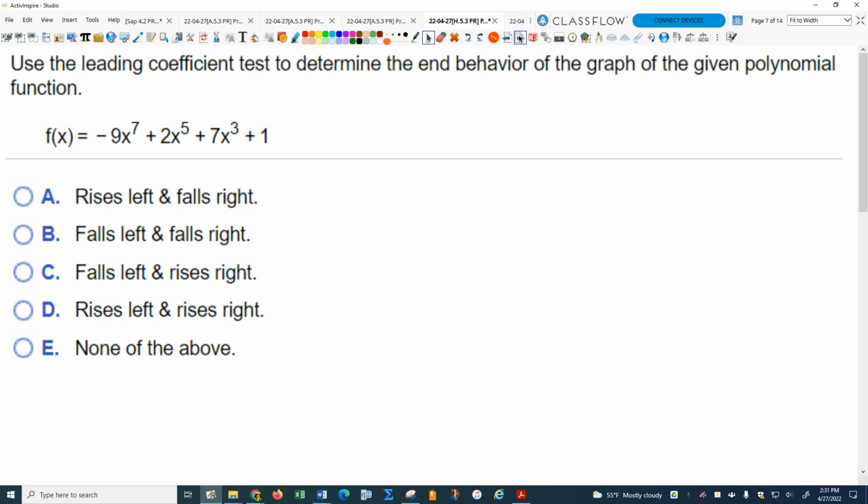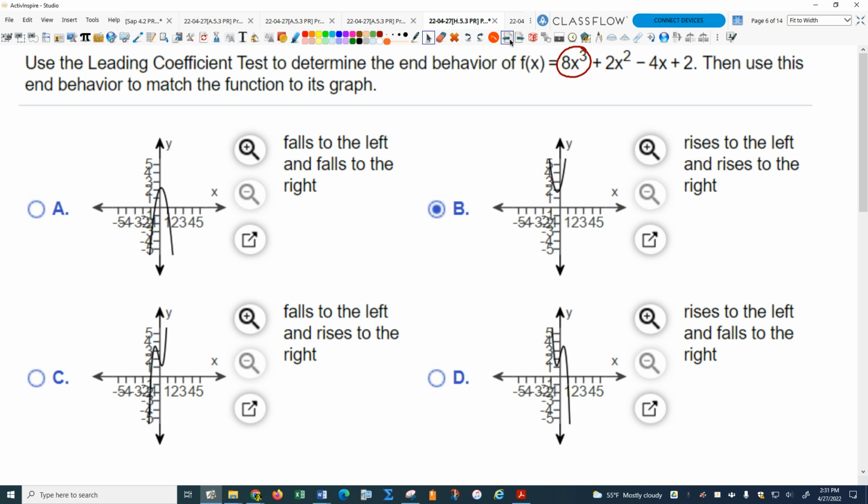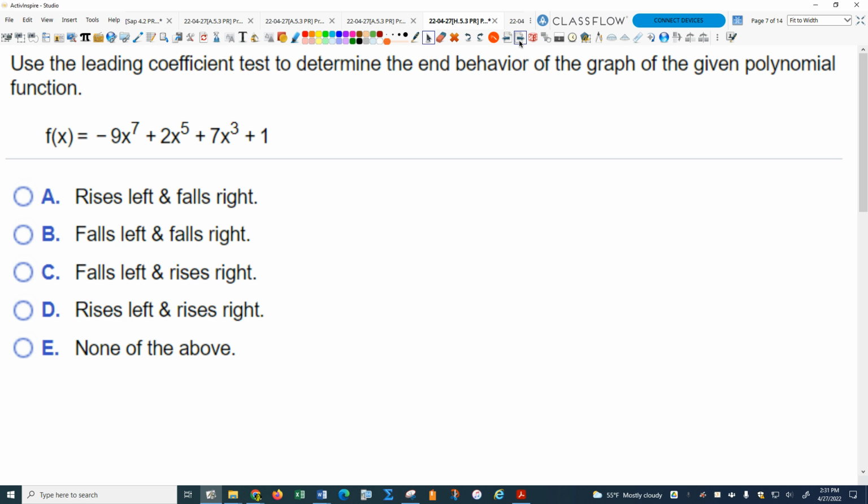Okay, so vote. What do you think? A, B, 1, 2, 3, 4, or 5. What's it going to be?